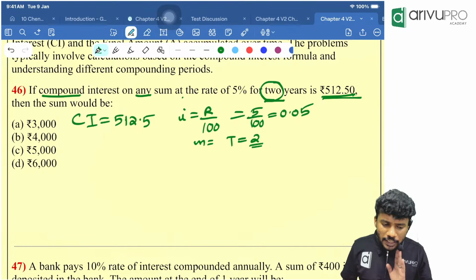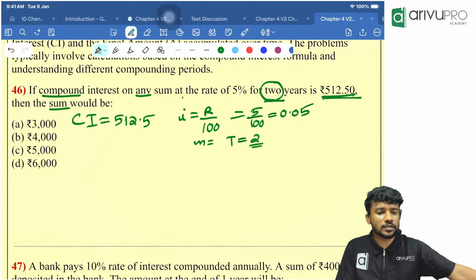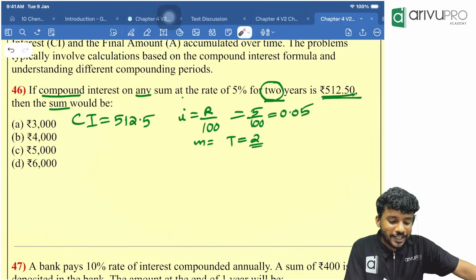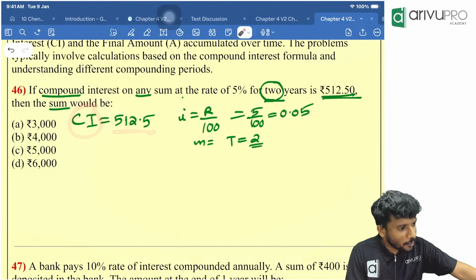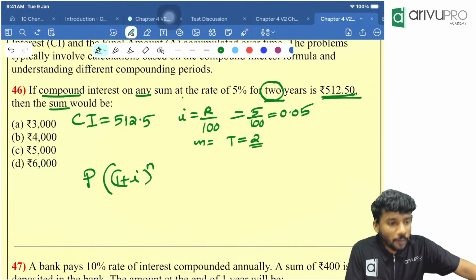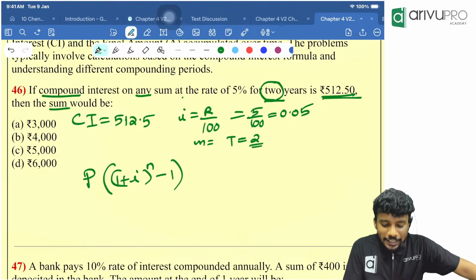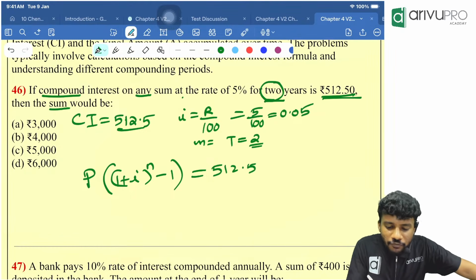Then, what are they asking? They are asking us to find the value of the sum. Now, which formula should I use? What is given here? Compound interest. So I will use the compound interest formula itself: P into (1 plus I) to the power n, minus 1, is equal to 512.5.